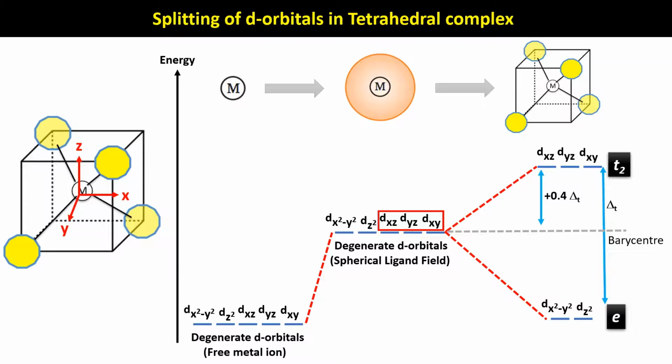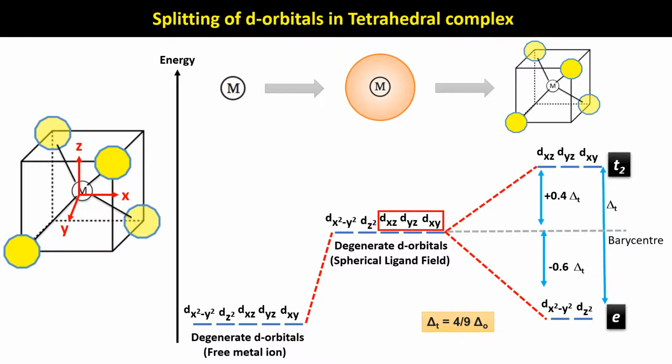The difference between dxz, dyz, and dxy orbitals energy level to the barycenter is 0.4 delta T, whereas the difference between dx square minus y square and dz square to the barycenter is minus 0.6 delta T.